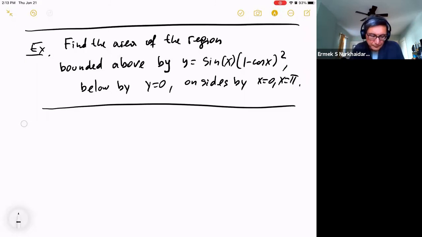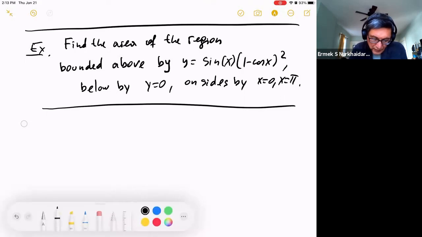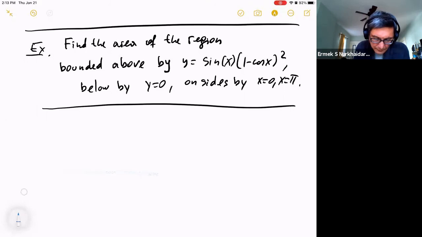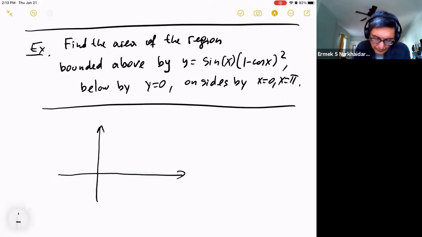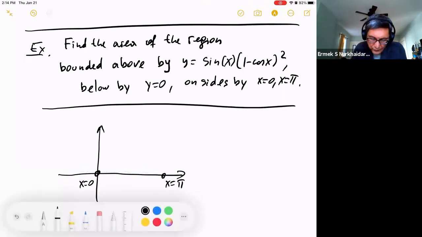Okay, so I'm not sure how exactly it's going to look like. Let's try, I guess. So we have x equals 0, x equals pi. And our curve is going to look something like this.